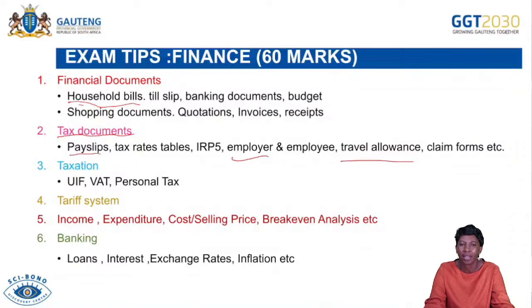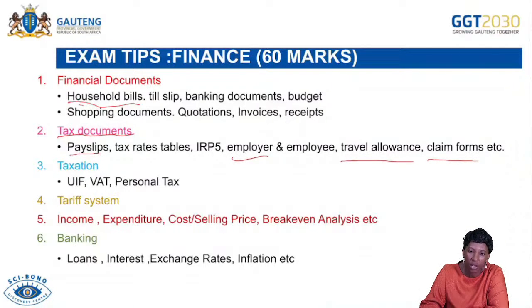Remember, you might have to buy tires if they become worn out, and they will also give you that money as travel allowance. Some of the companies pay good money. If you go overseas, they will say, here's your travel allowance. And then we have the claim forms. Claim forms, if you have done some duties, you can claim for what you have done.